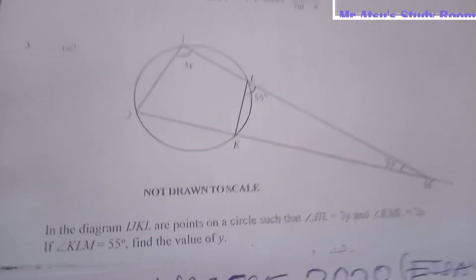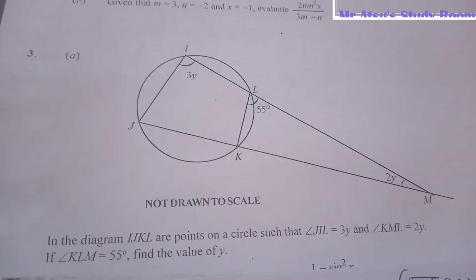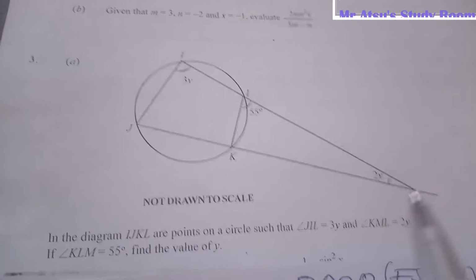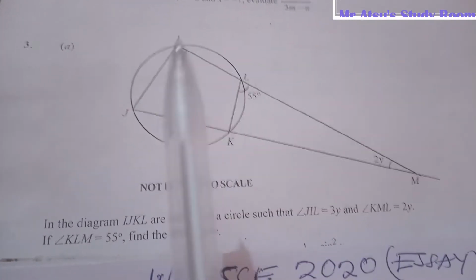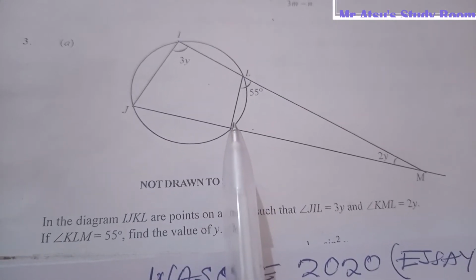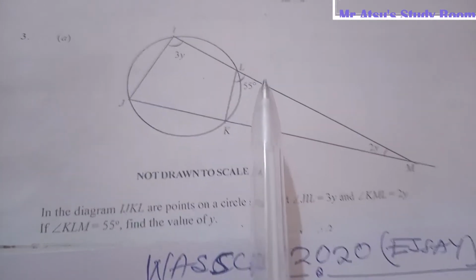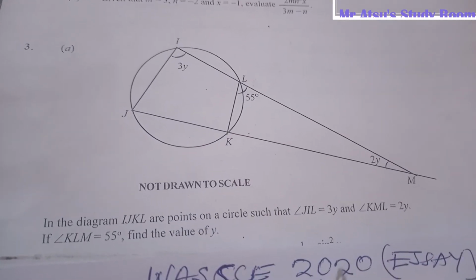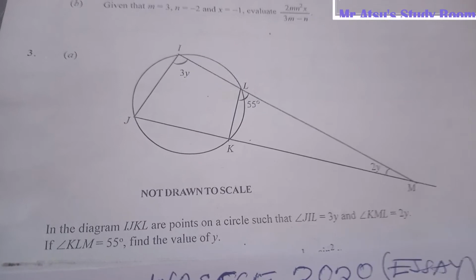Alright, how do we go through this question? Very easy. Looking at this question, this angle 3y here is the same as the angle LKM. So let me just write that quickly and come and explain.